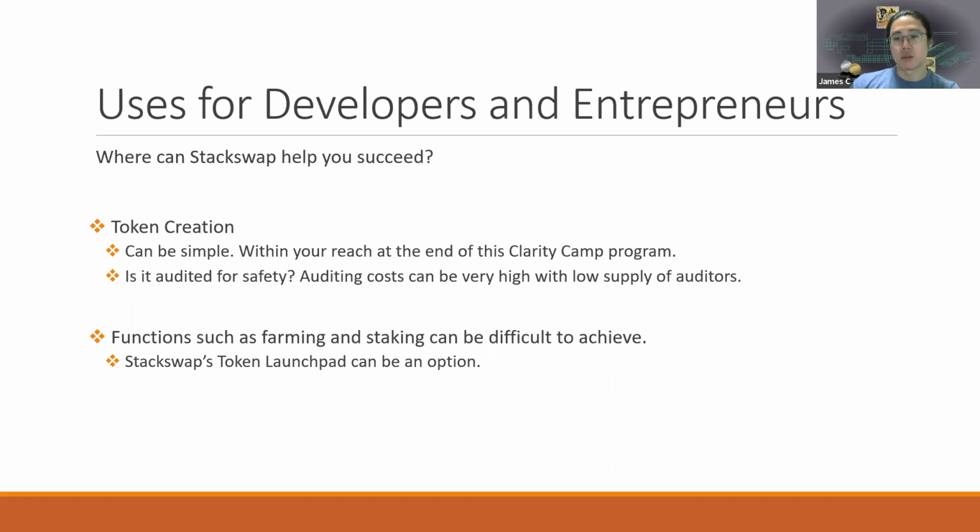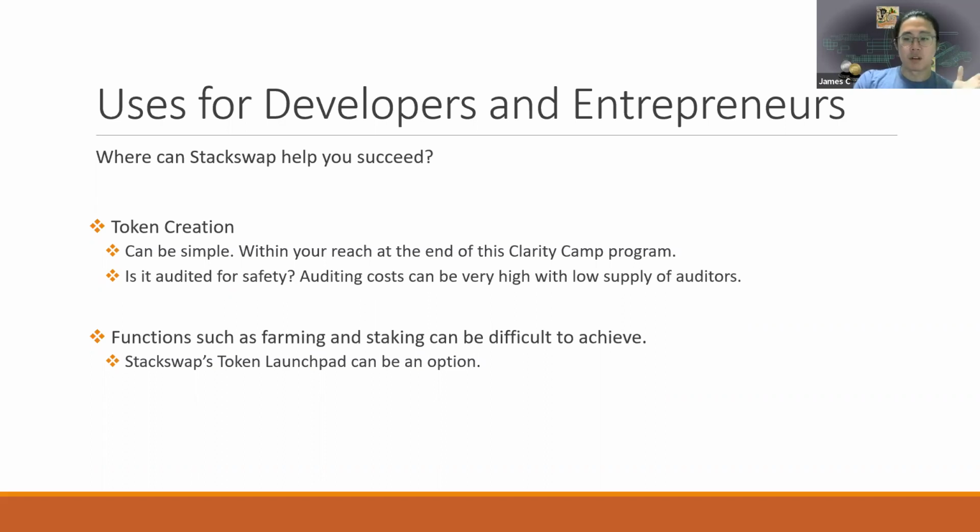Okay, so I would say that the most interesting part for those studying Clarity, outside of looking at our contract codes, is the token launchpad. So just to go over it quickly again, the token creation can be pretty simple, and I would think that this should be within your reach at the end of your program with Clarity Camp.